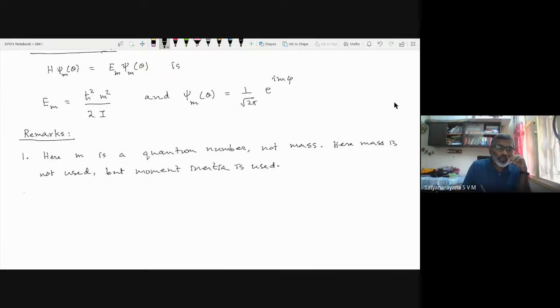And the second one is that E_m is doubly degenerate for all m except m equal to 0.